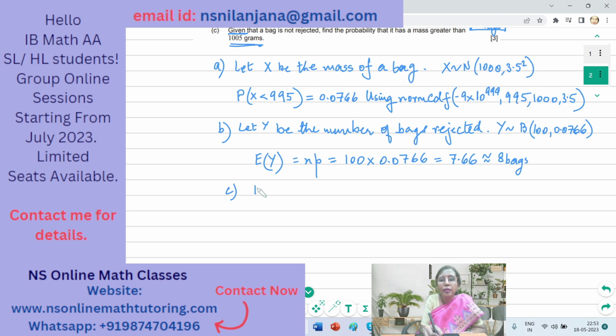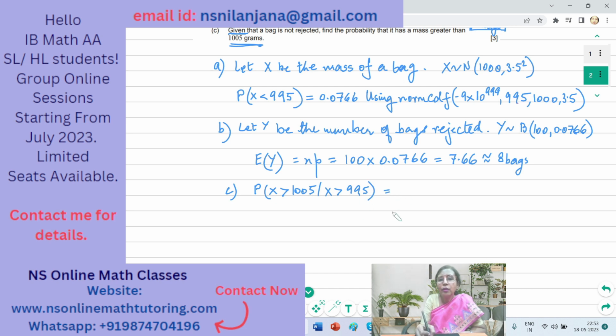So, the probability that the mass of the bag is more than 1005 grams, given that the mass of the bag is not less than 995 grams. That means X is more than 995 grams.